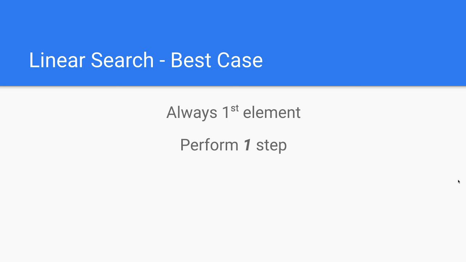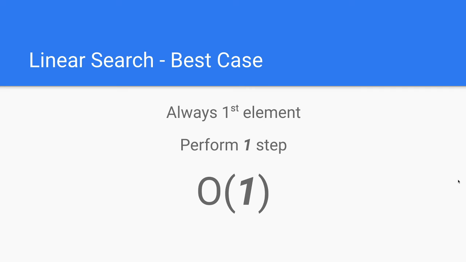How do we represent this in big O notation? We say big O of 1, which means constant time. This big O is saying that no matter what the size of an input array is, the algorithm will always take the same amount of time to complete.